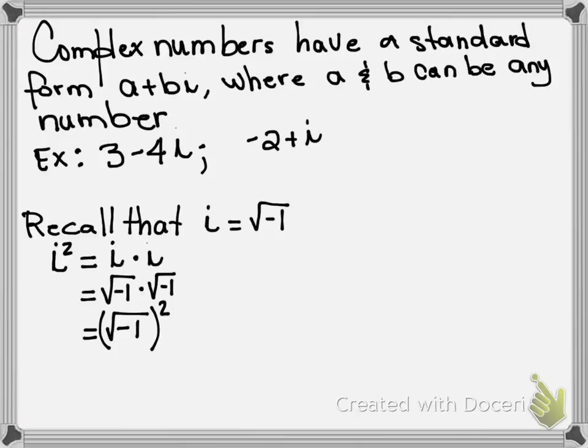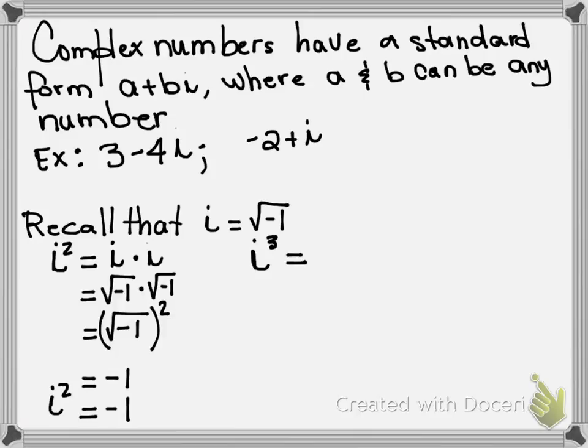Okay, so notice that the square root sign and the exponent 2 cancel each other out. That's the rule. You should have learned that in algebra 1. So what we're left with is -1. As a result, we can say i squared equals -1. If it is i squared, it is always -1.